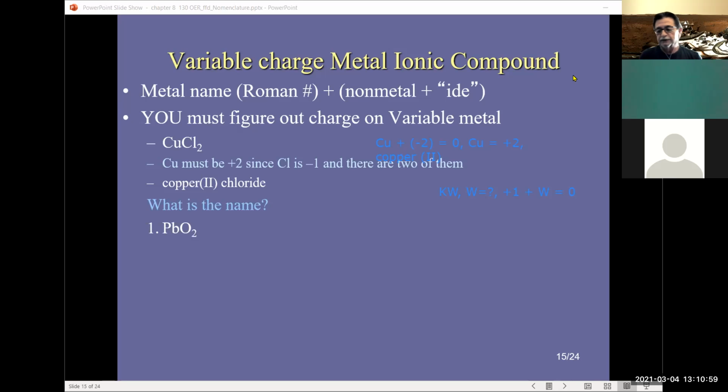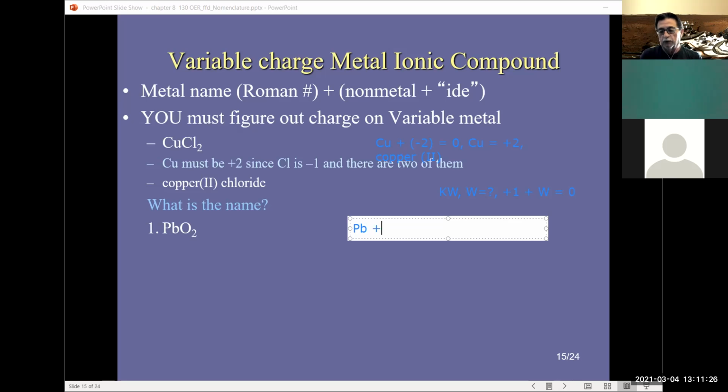All right, so here we got this one here. We got Pb, which is lead, and then we have O2, which is the oxide. So we set up our systematic approach again. We got lead, which we don't know because it's not part of the 16, so it's going to have a variable oxidation state.